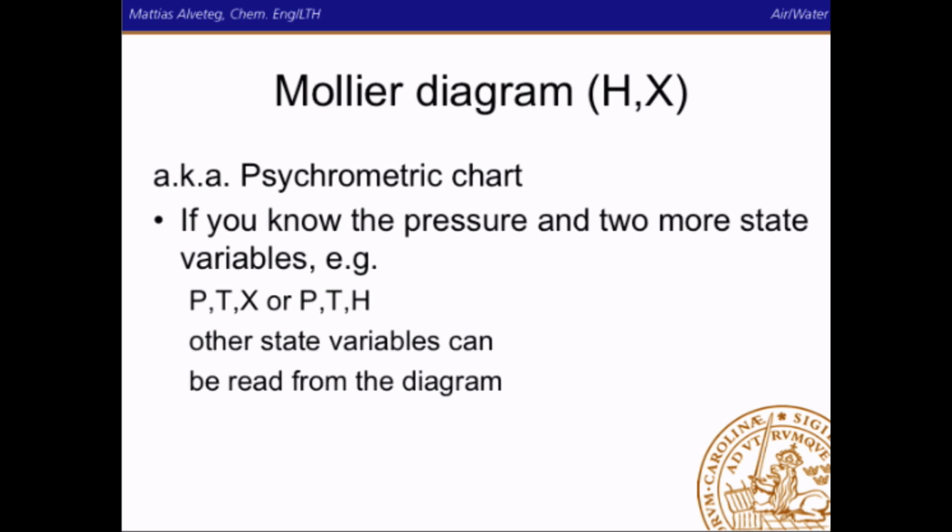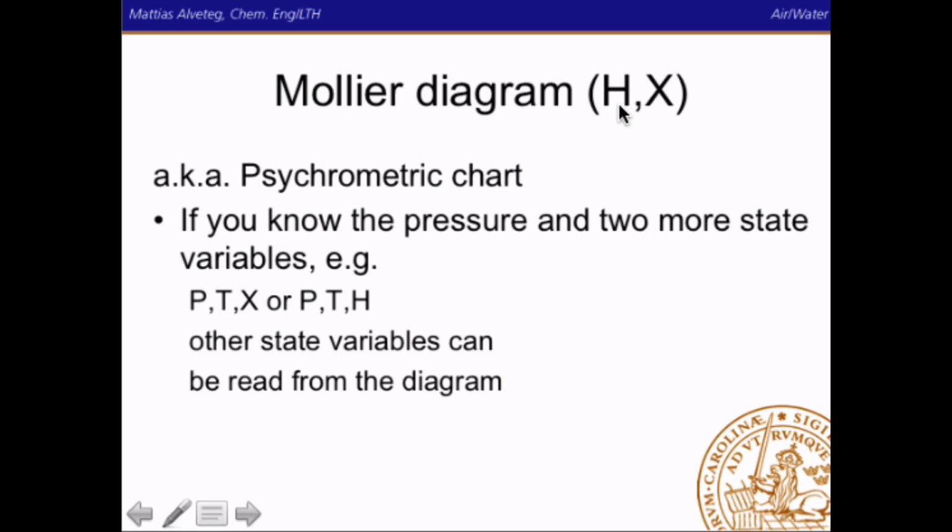The Mollier diagram is an enthalpy water content diagram, also known as psychrometric chart, and it's drawn for a specific pressure. Since Gibbs phase rule stated that we have 3 independent state variables, and we draw the Mollier diagram for a specific pressure, we already used 1 state variable, and then there's only 2 independent left.